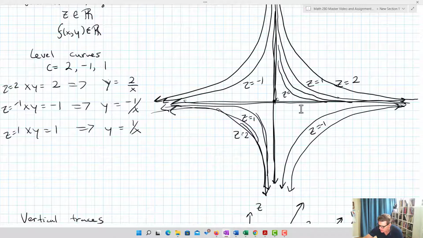It's either x equals 0 or y equals 0. So you're imagining you've got these curves, and as we're moving away from the x and y axis, we're moving upward on the z-axis.